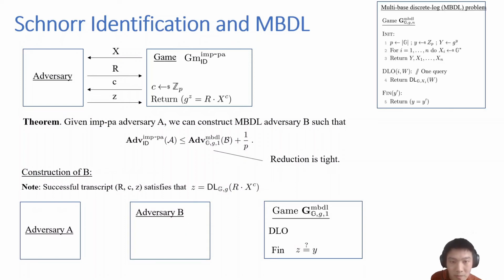First, our adversary B will receive the base X and target point Y from the MBDL game. So here we're going to restrict to just n equals 1 in MBDL. And the adversary will forward the base X as the public key for impersonator A. And upon receiving the commitment R, the adversary B will instead forward R inverse Y to the discrete log oracle.